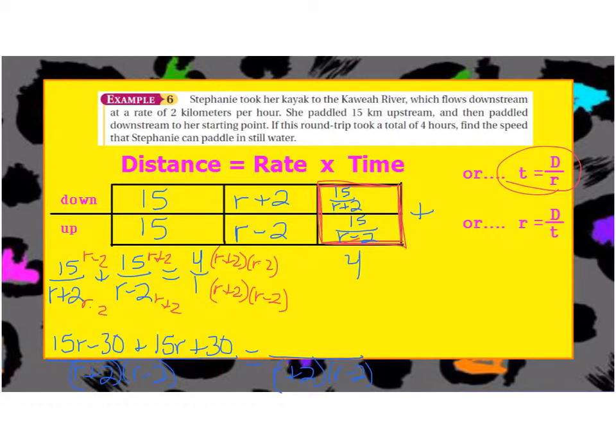This R plus 2, R minus 2 foils together very nicely. It's really just going to be R squared, but when you do outer you get negative 2R, inner is a positive 2R, so those cancel. This is just R squared minus 4. And then I have to take my 4 and distribute it through there. So my numerator here is going to end up 4R squared minus 16.